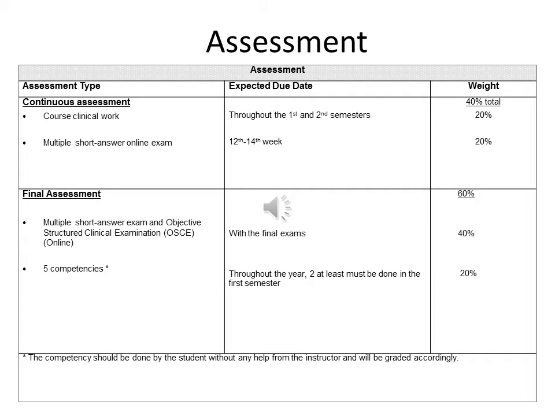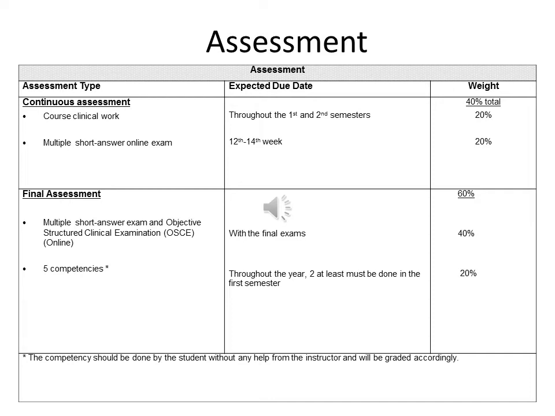The continuous assessment is subdivided into course clinical work, which means the requirements all over the year, and it will consist of 20%, and a multiple short answer online exam, which means the mid-term exam, and it will be after the end of the first semester, and it also has a total of 20% of the total mark.